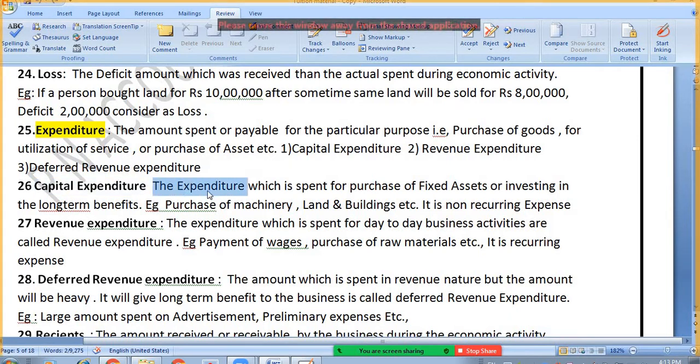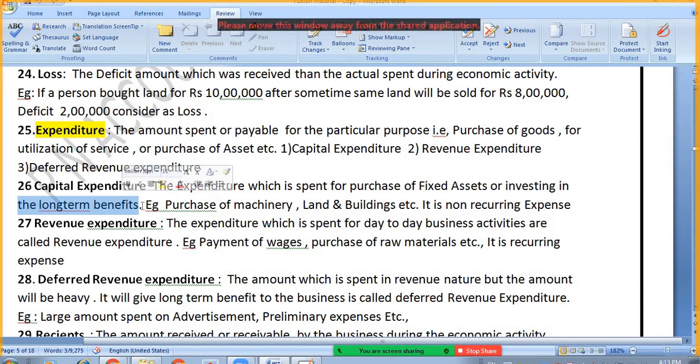A capital expenditure is the expenditure which is spent for purchase of fixed assets or investing in long term benefits. Once again, the expenditure spent for fixed assets or investing in long term benefits is considered as capital expenditure.